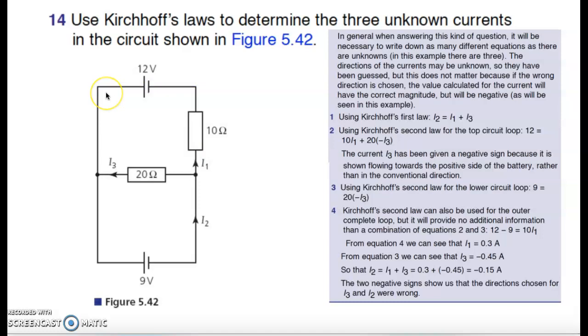As I go round to look at my PDs, I would say minus I3 times 20 plus I1 times 10. Eventually, I will end up with a minus value for I3 if this arrow happens to be pointing the wrong way. So you really don't have to worry too much about putting the currents in the wrong way. Anyway, this is quite a hard question and you are going to warm up to it.